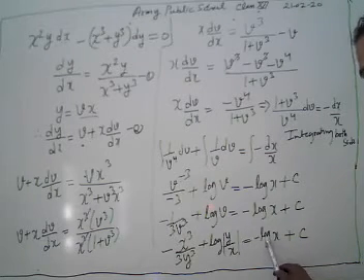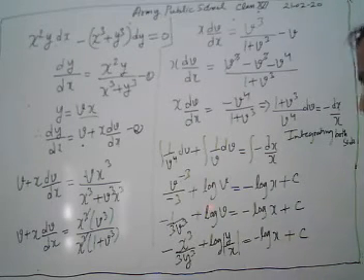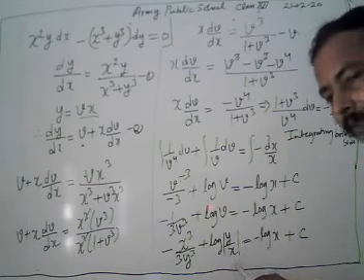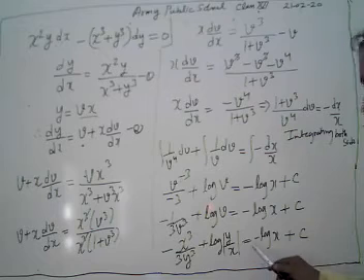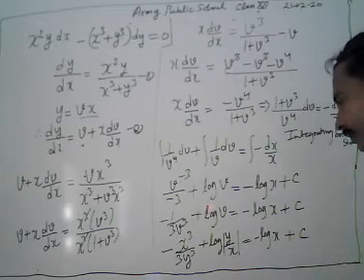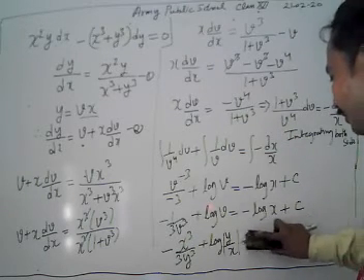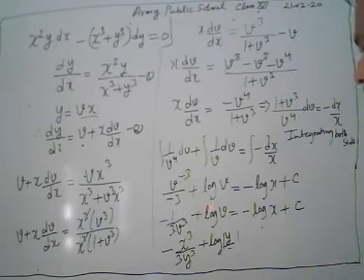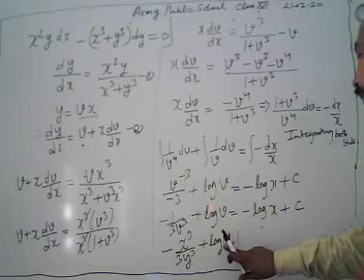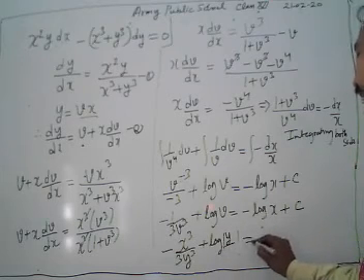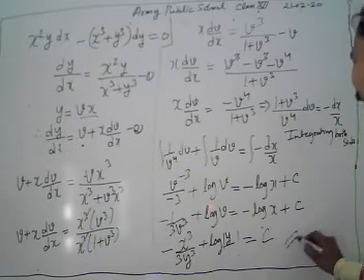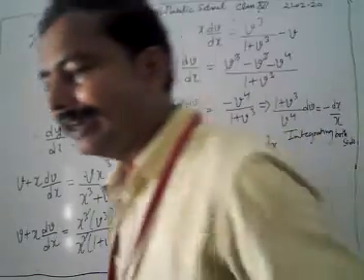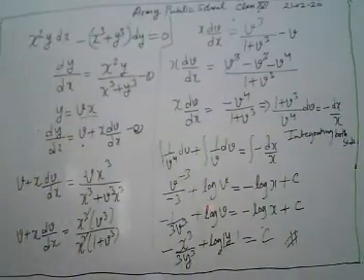Then the minus log x terms cancel each other, since log y by x can be represented as log y minus log x. Then our last solution is minus x cube upon 3y cube plus log y equal to c. This is our required solution for our given differential equation.